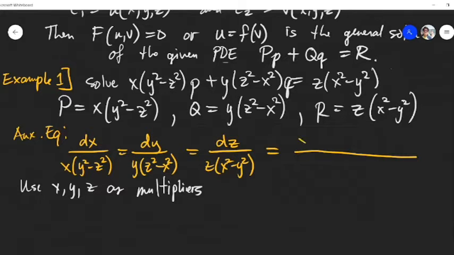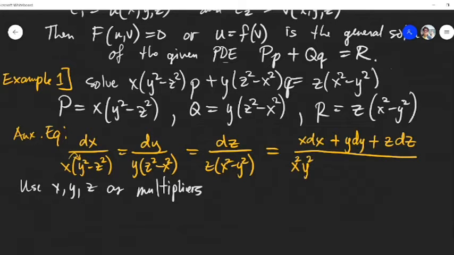So we have x dx plus y dy plus z dz all over. So we have x squared y squared, so we distribute.